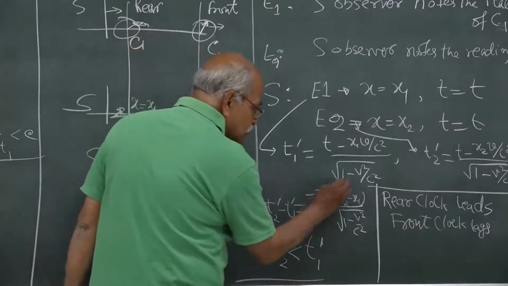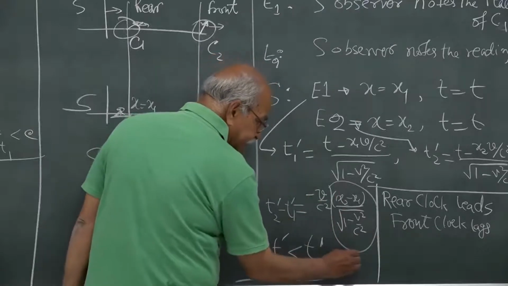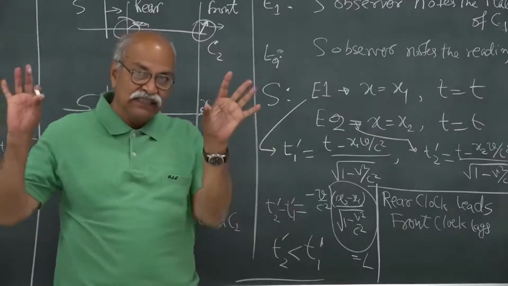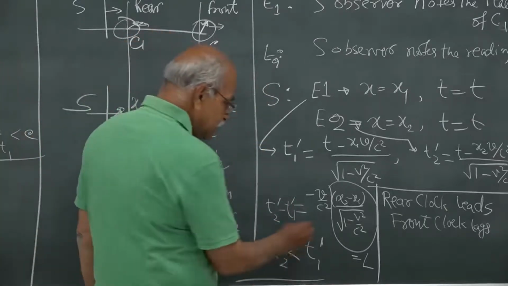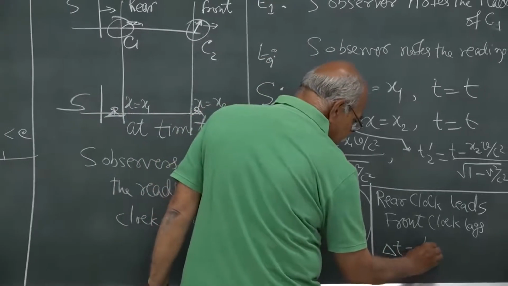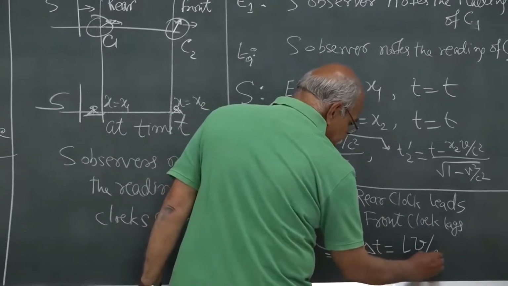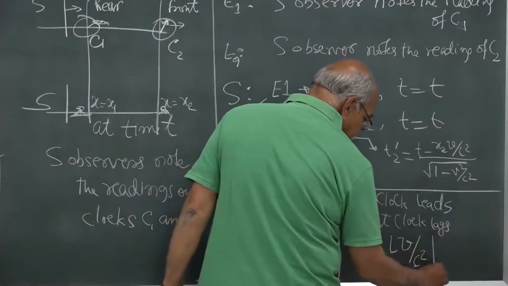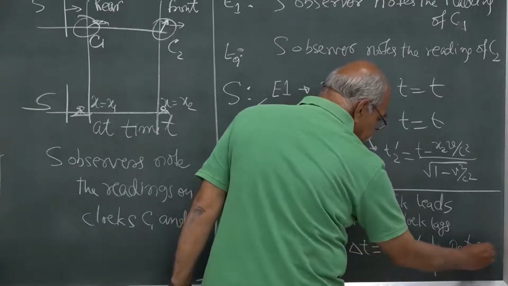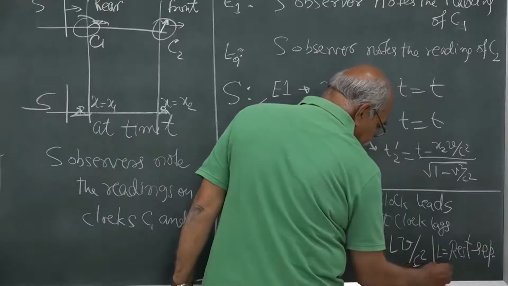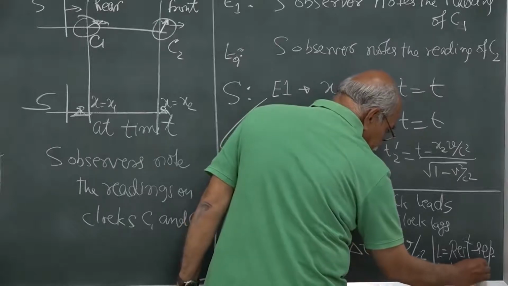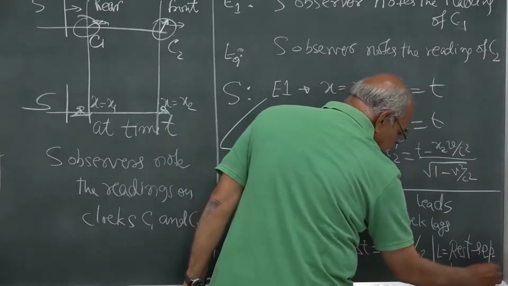So, if you write this as the rest length L, then the difference between the two times shown on C1 and C2 will be written as L V by c square, where L is the rest separation between the clocks C1 and C2.